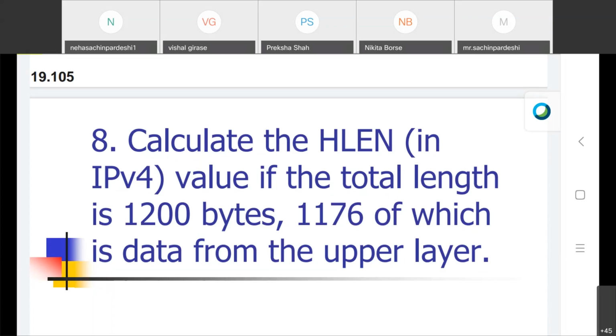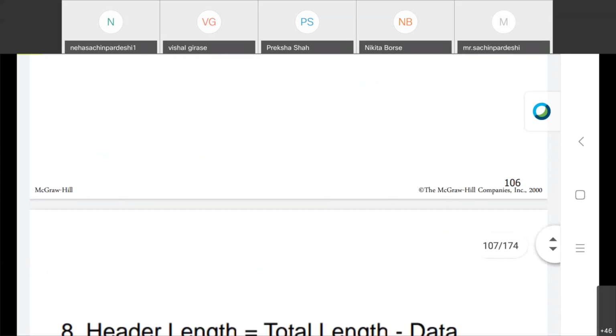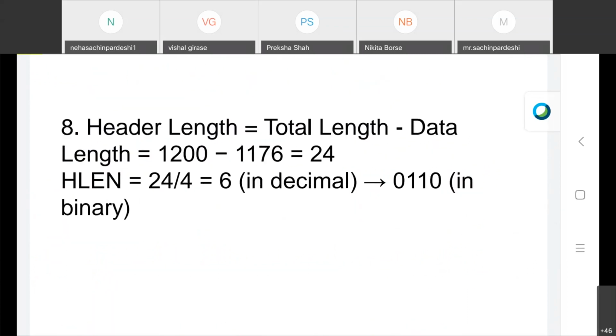So header length we have to calculate and the data length is given. So what is the formula? Header length is equal to total length minus data length. So simple, you have to subtract 1200 minus 1176. So the answer is 24.